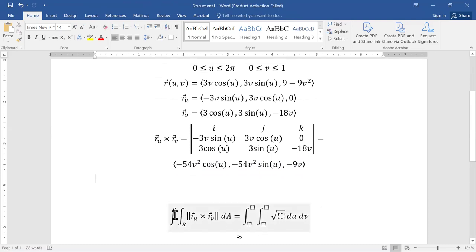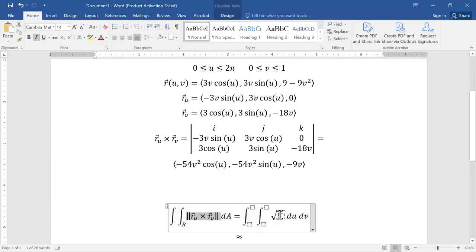So if I want to find the surface area, I needed to find that cross product. I'll take the magnitude of that and I'll integrate on my bounds for u and v. U is going to go from 0 to 2 pi. V is going to go from 0 to 1.